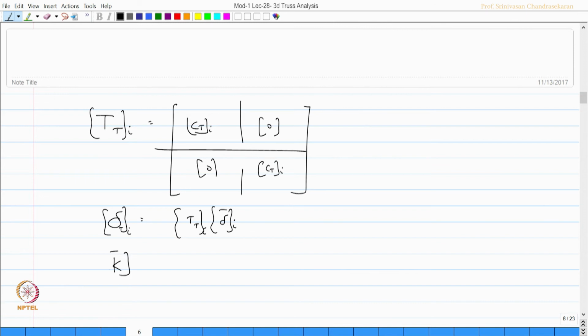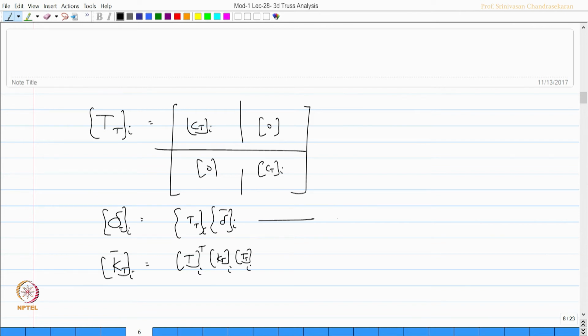K bar of the truss member is T transpose K of the truss member with the T of the truss member. This is for every member.